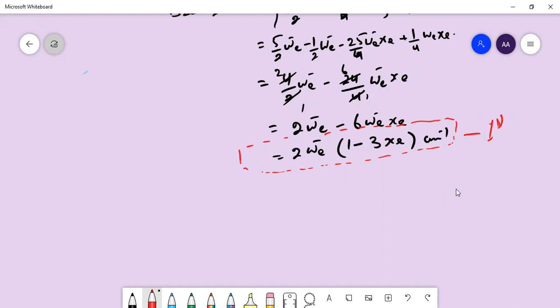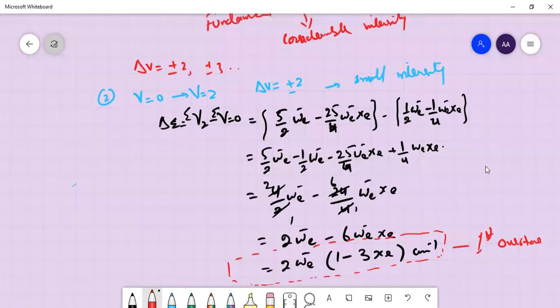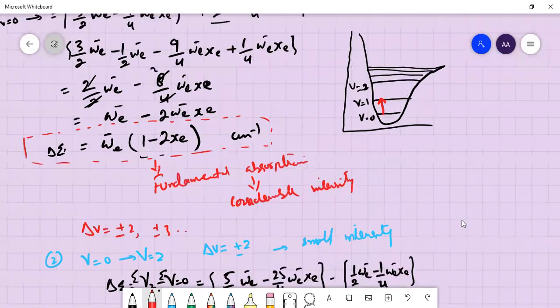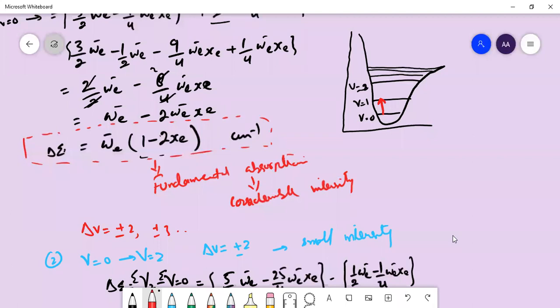The first overtone is the transition in which the transition is occurring from our V equal to 0 to V equal to 2 state. So if I draw the transition here, the transition is taking place from V0 to V2. So this is our first overtone.